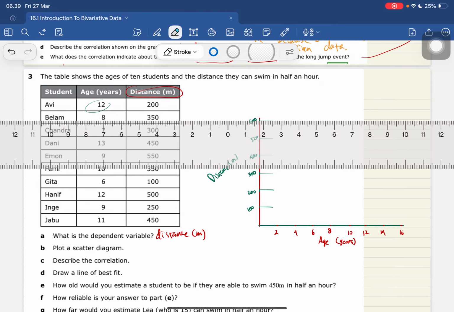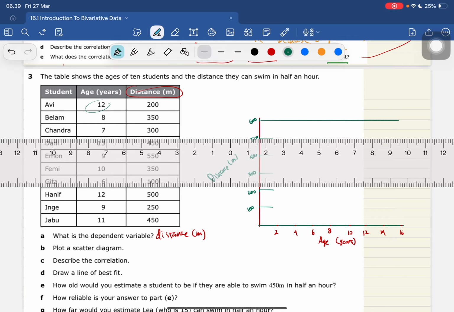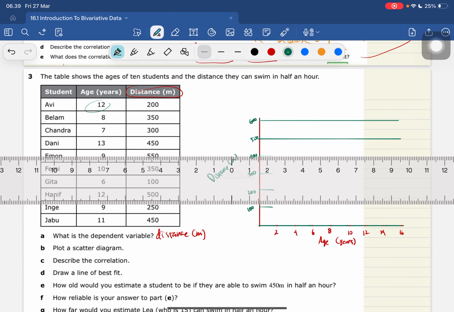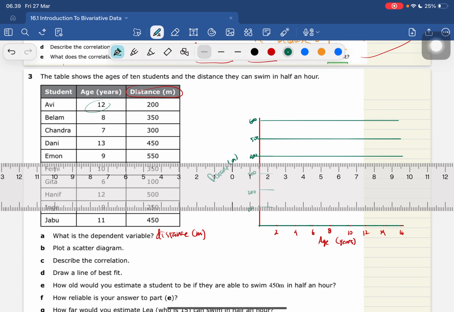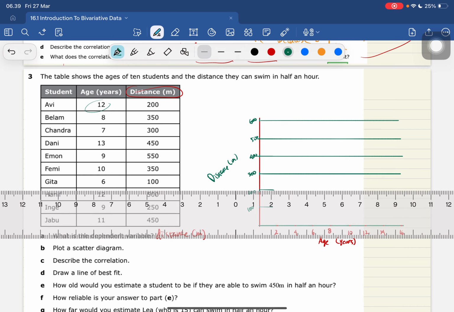So here is 600 line. Here is 500 line. Here is 400 line. Here is 300. If you have a grid, it will be better. Against the grid is 200 line.